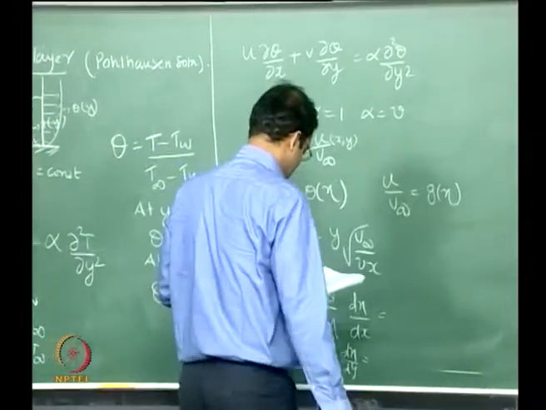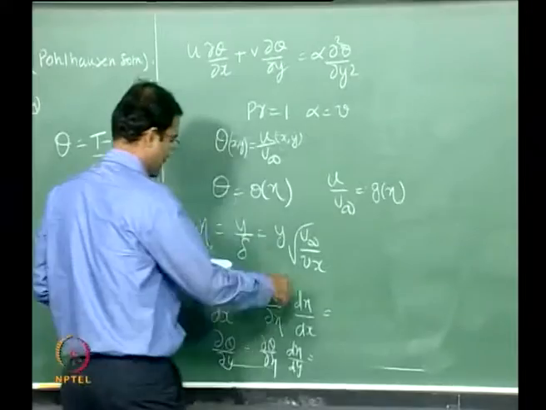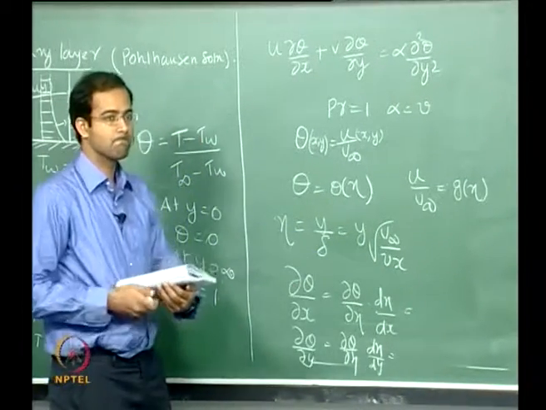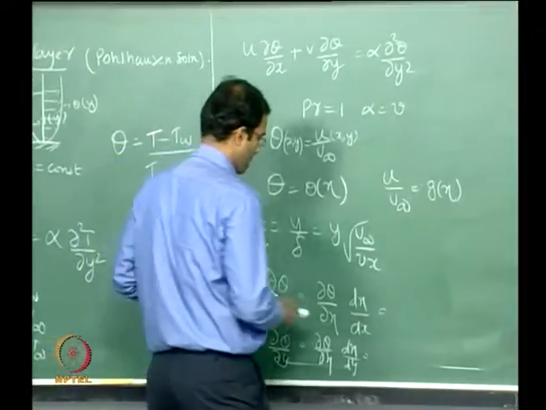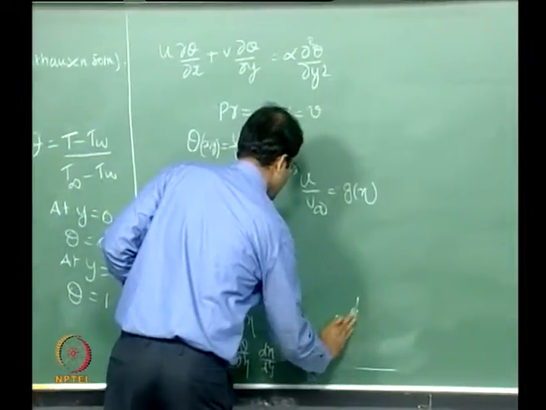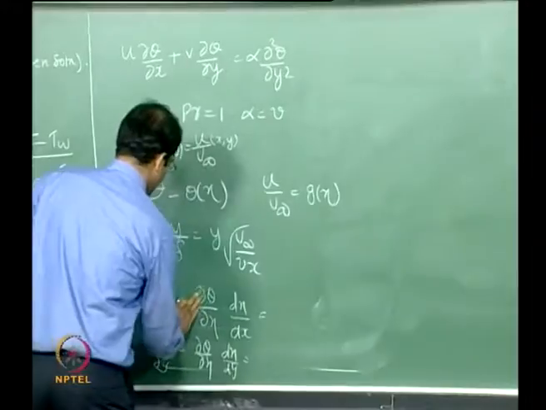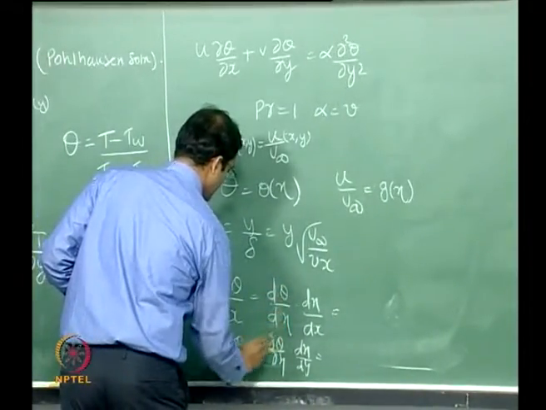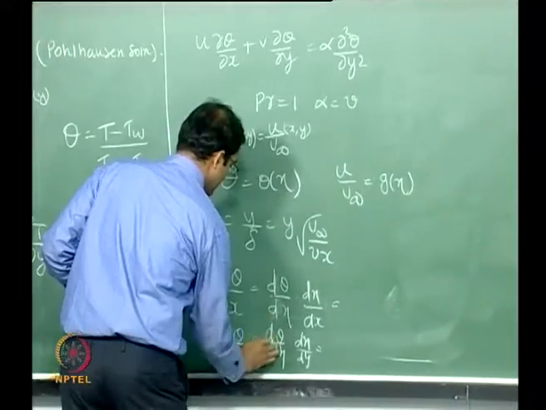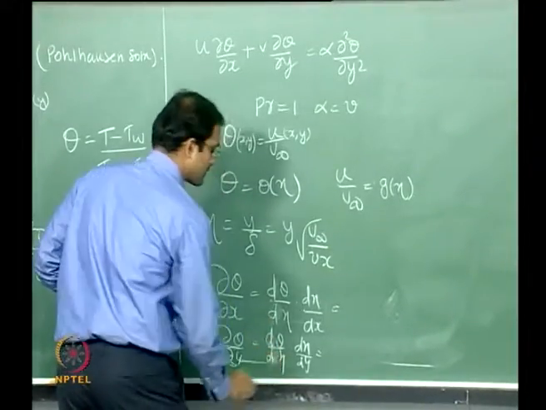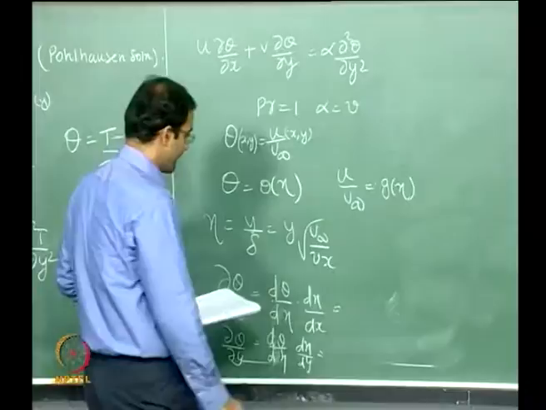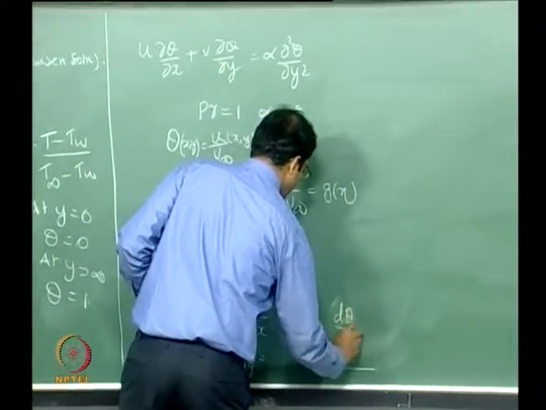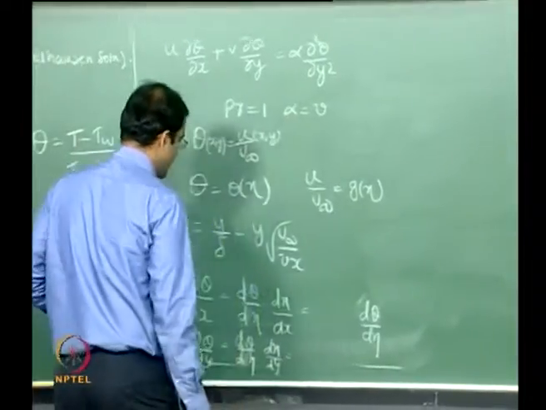and similarly, so this will be what? Can you work out and tell me, your eta is a function of x here? Your theta is a function of eta, so I am replacing everything, because your theta is a function of eta only. So this will be d theta by d eta and d eta by dx.